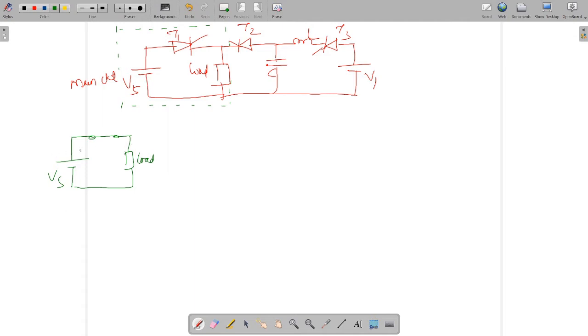So this voltage source will be feeding the load. There will be a flow of current, because you can see here a closed circuit. The current will enter this point and leave from this point, so you will get a voltage across your load. Now if you want to turn off this SCR, what do you have to do? You will have to use the special arrangement which is meant only to turn off your SCR.